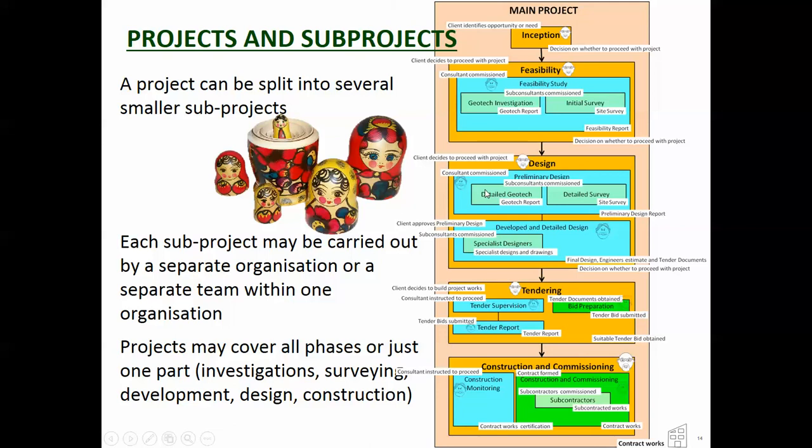So they go and hire a sub-consultant who will do the detailed geotech investigation. So the sub-consultant has a little sub project, if you like, which is to produce the geotechnical report, which is an input into the preliminary design, which allows the consultant to produce the output of his little preliminary design project, which is a preliminary design report. Then it goes on to another project where they're developing the design.